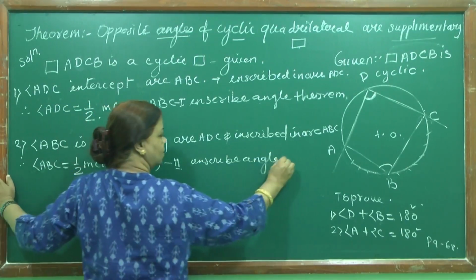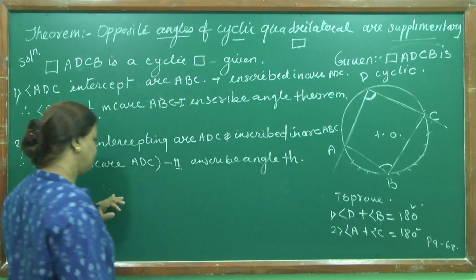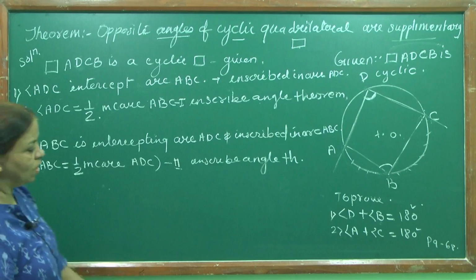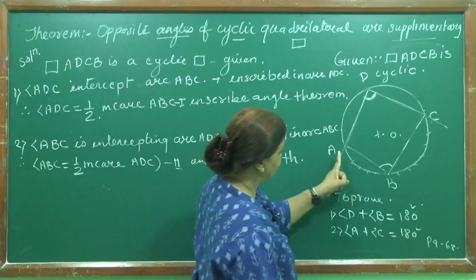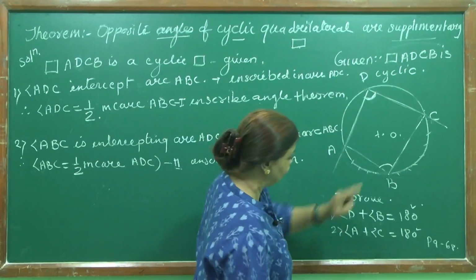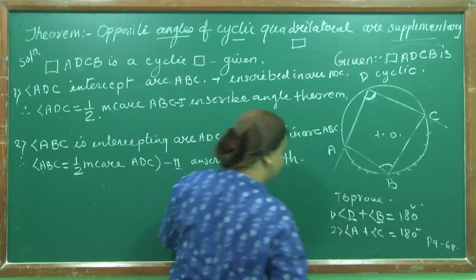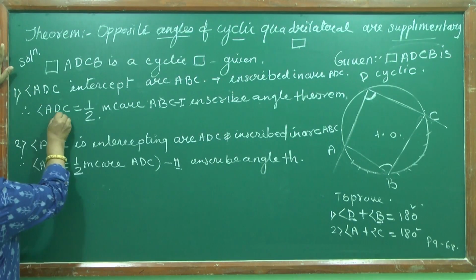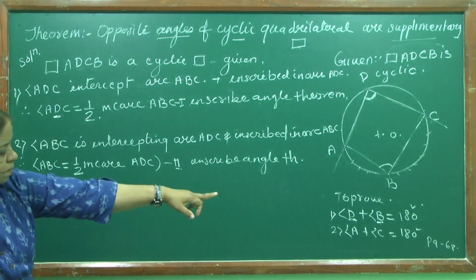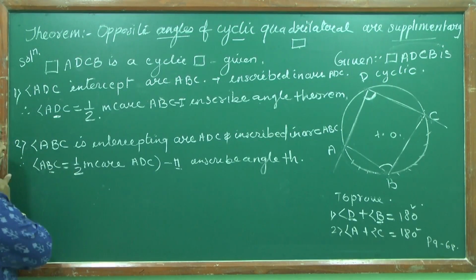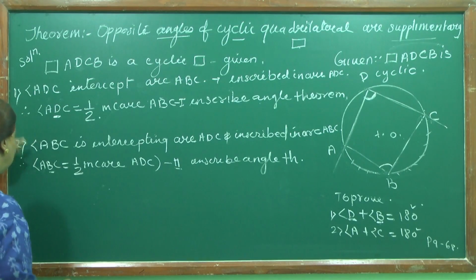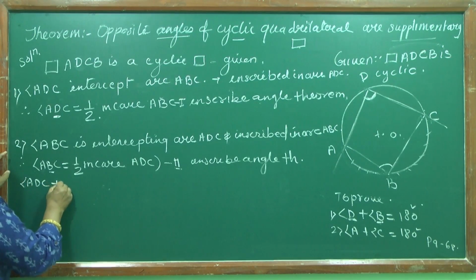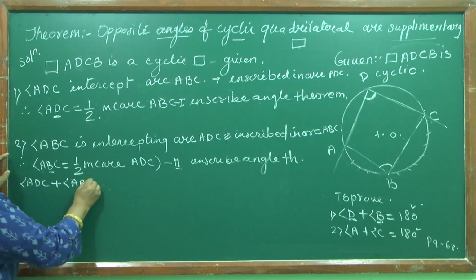Now what I will do, I will add this plus this. What I want is angle D plus angle B. So am I having angle D? Yes, this is angle D. This is angle B. So I will add angle ADC plus angle ABC.